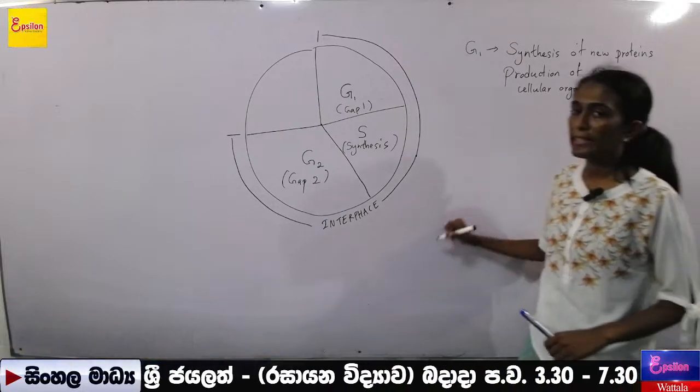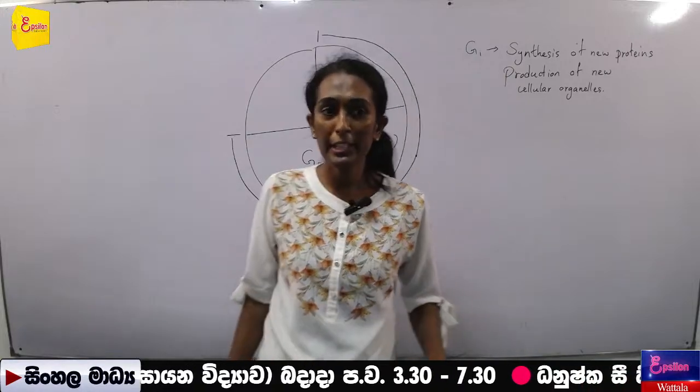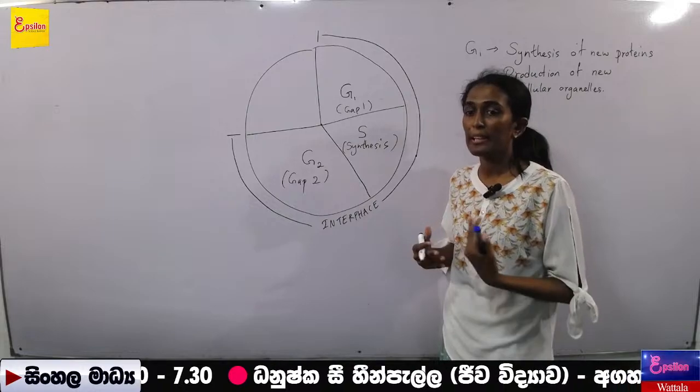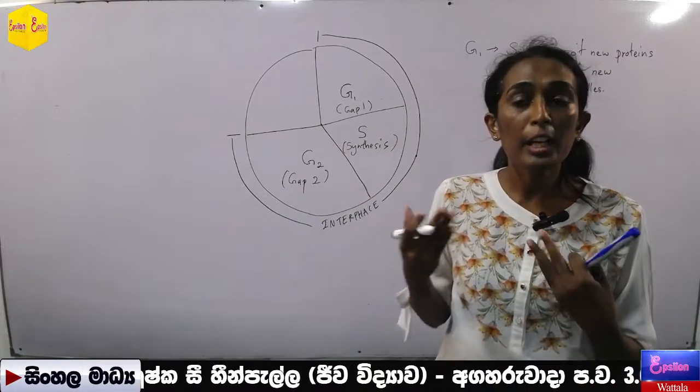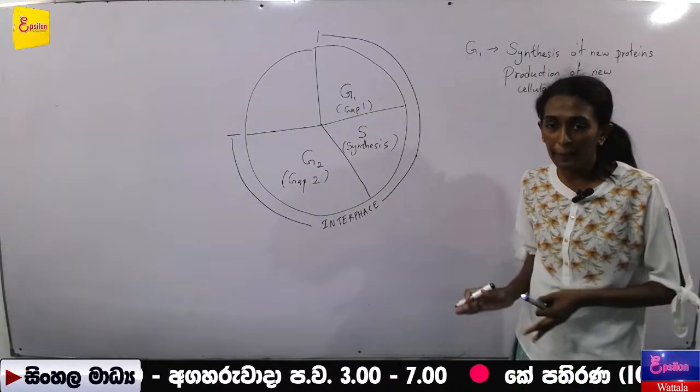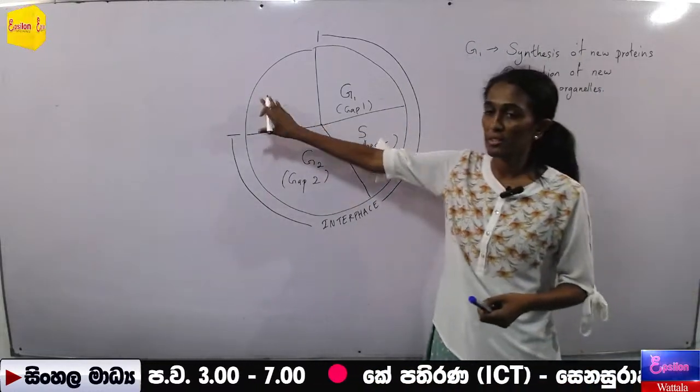What's actually happening here? The cell is getting ready for division. In G1 and G2, the cell is preparing by making everything, doubling the number of organelles, and everything is being prepared before it enters the division phase, right?